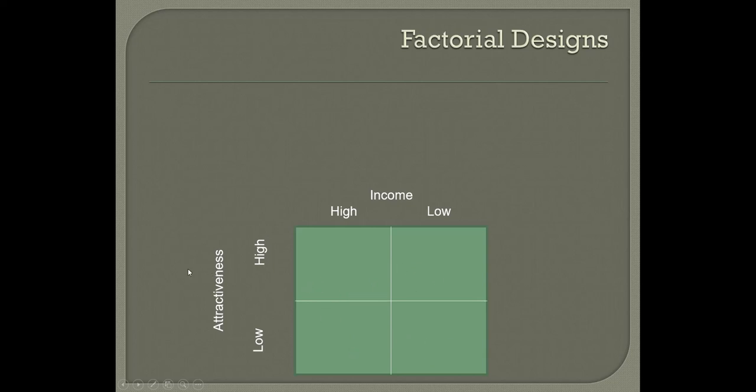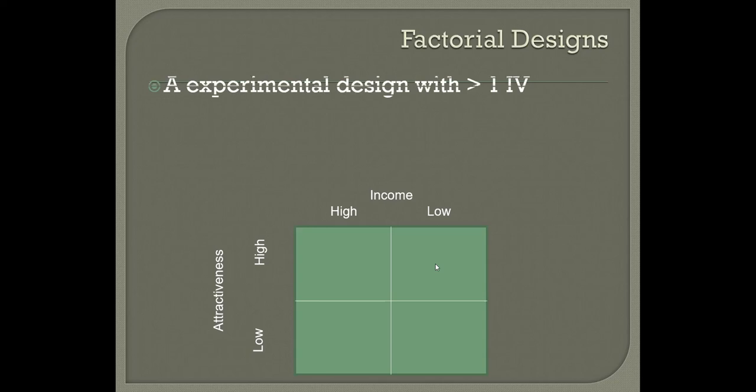So let's say you were randomly assigned to the low income, high physical attractiveness stimulus. In a between subjects design, participants will only encounter one cell of the possible cross tabulation of the independent variables.